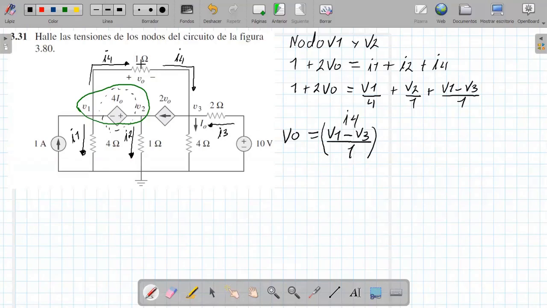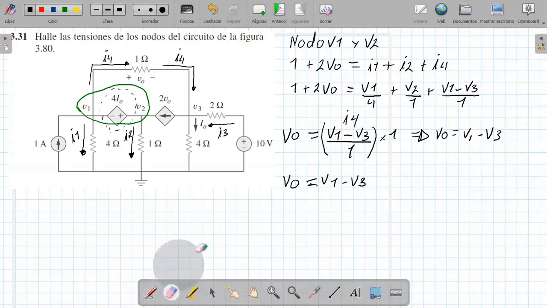But to determine the voltage here, I multiply it by the 1 ohm. Therefore, V sub 0 is equal to V1 minus V3. When you have more practice, you will simply see that the current comes in this direction, so you say V1 minus V3, and that's it. That's all.